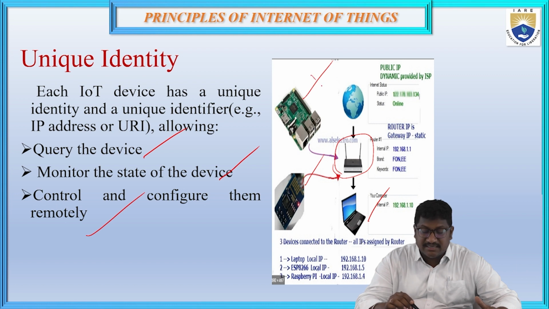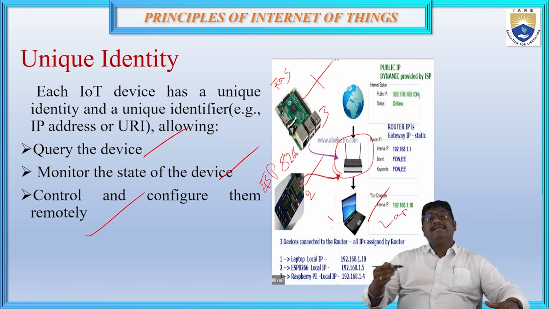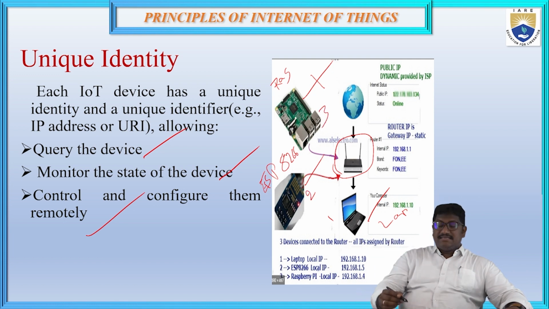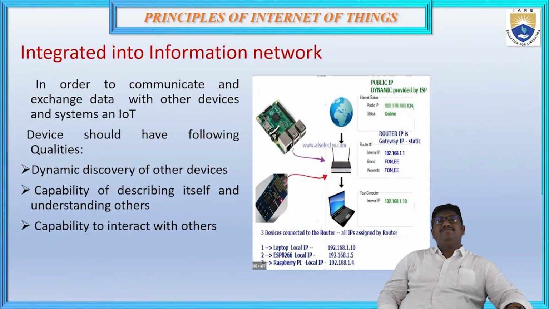This one is Raspberry Pi, this one is ESP8266, and this is the laptop. These three devices have a unique IP identity, such as 1, 2, 3. All three devices have a unique identity. If you observe, each one is different from one another.